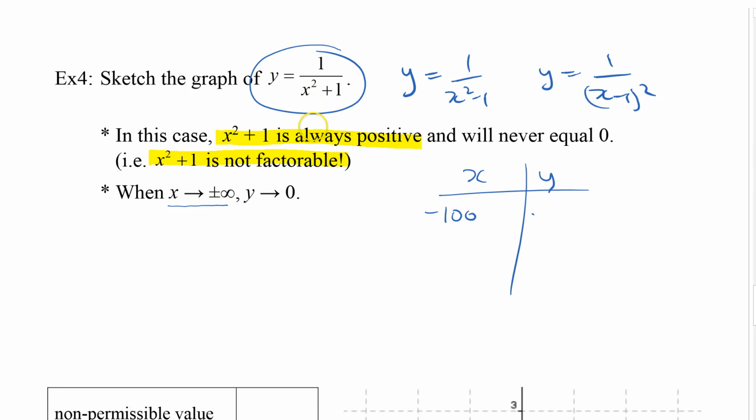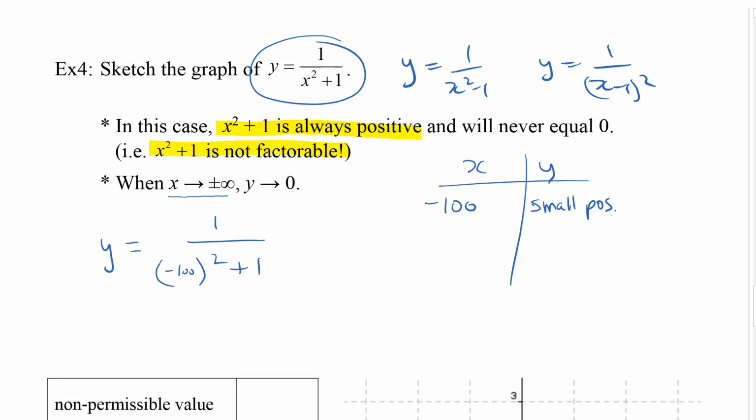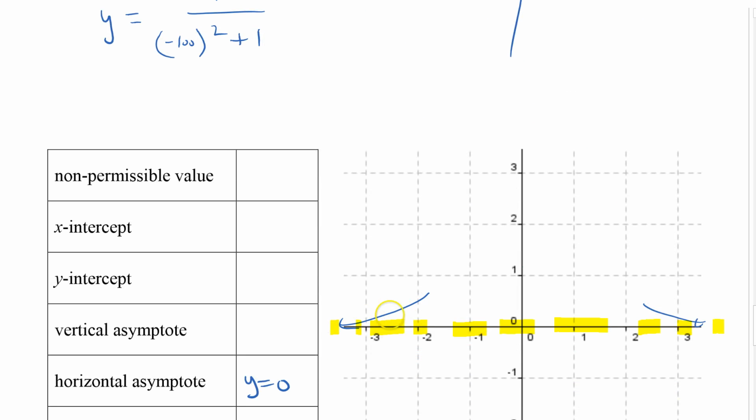If I put a negative 100 in y equals 1 over x squared plus 1, I end up in that denominator getting a big positive. So here I get 1 divided by something big, a small positive number. And that's really this asymptotic behavior. That's what this approaches, the x-axis, okay?